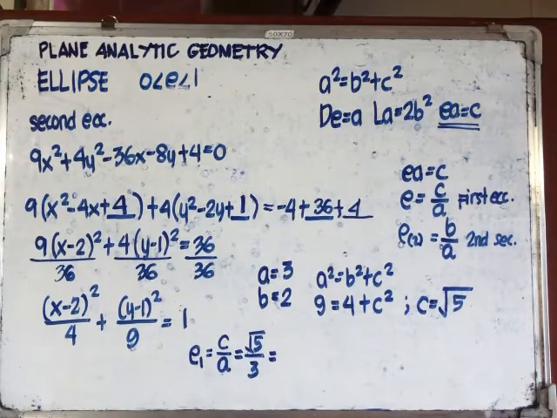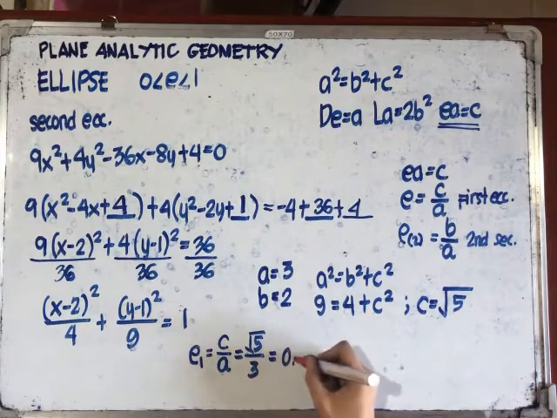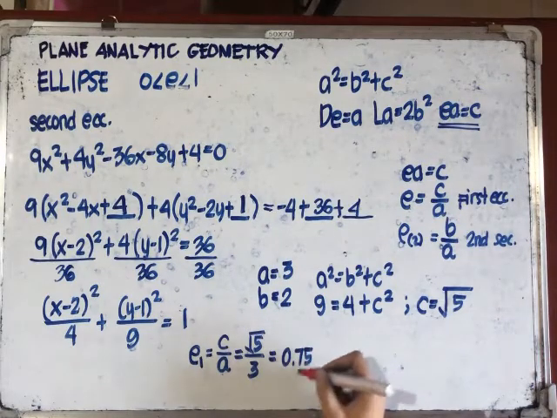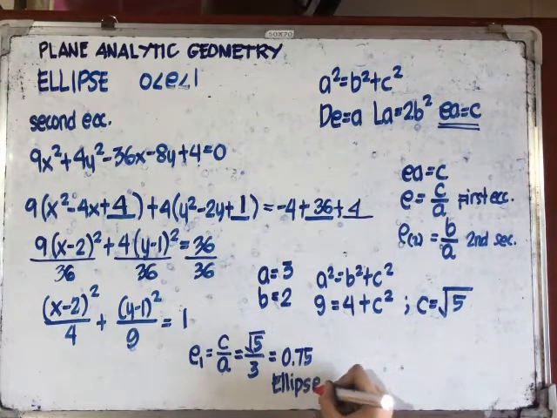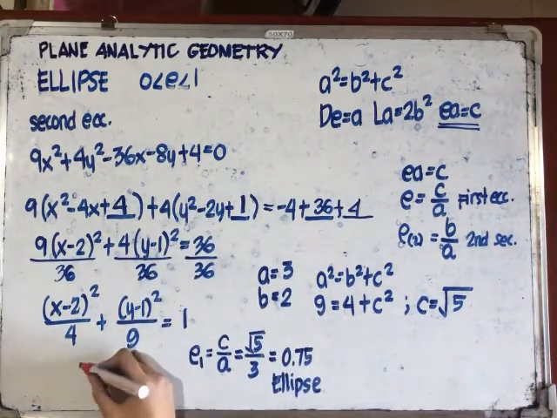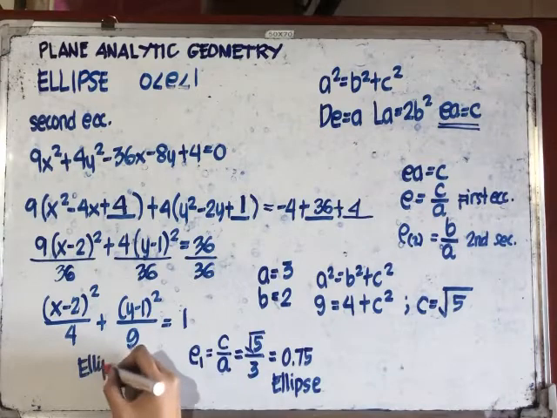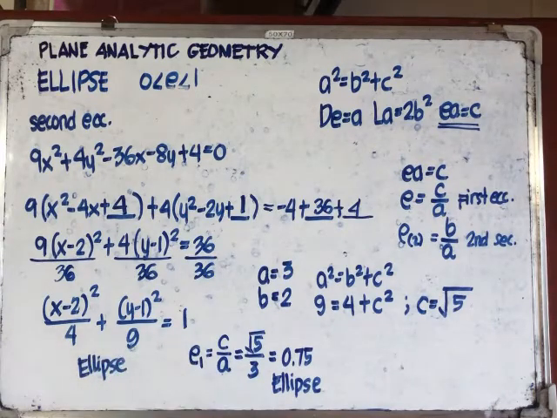And in decimal, we can compute that as, how much is that? 0.75. So indeed, tama nga na ellipse nga ang meron tayo because it falls mismo sa range ng eccentricity ng ellipse. But again, dito pa lang makikita mo na ellipse ang meron ka. Positive yung x natin and positive yung y natin.